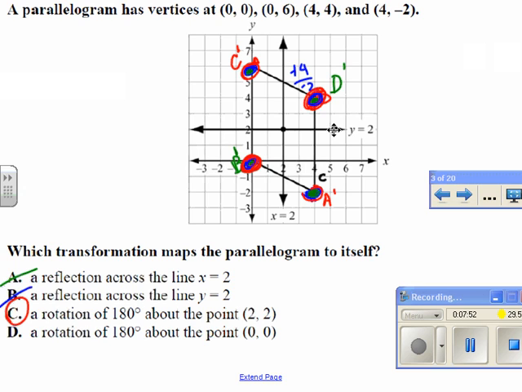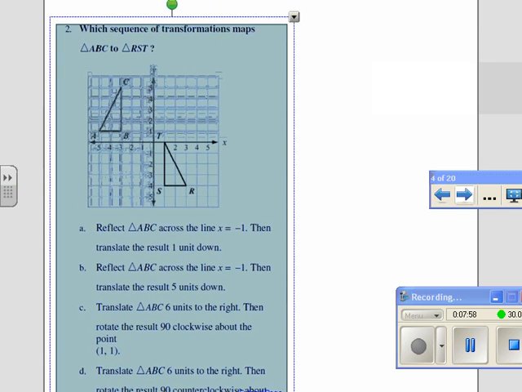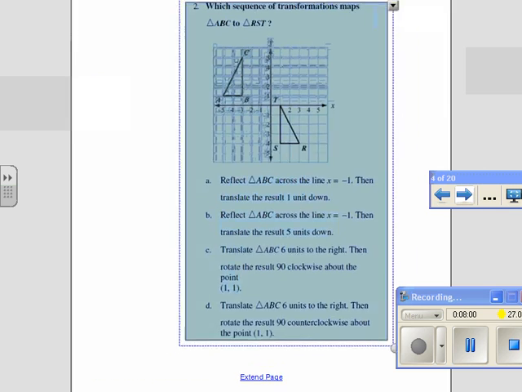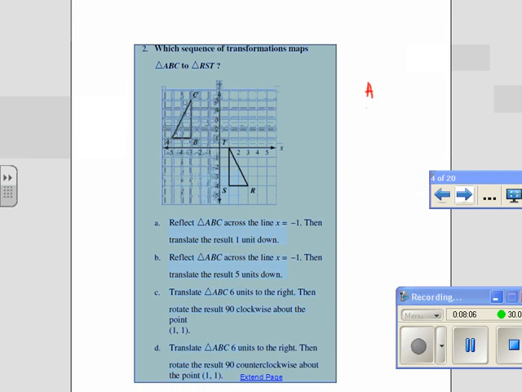Here's your redemption. It's kind of hard to see, but let me just tell you the points that you're looking at. You are looking at the points A, B, C. A is (-5, 1). B is (-3, 1). And C is (-3, 5).